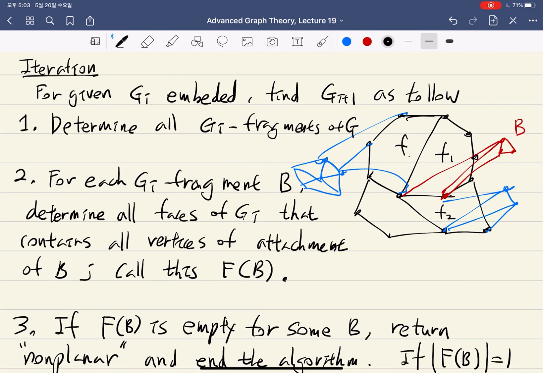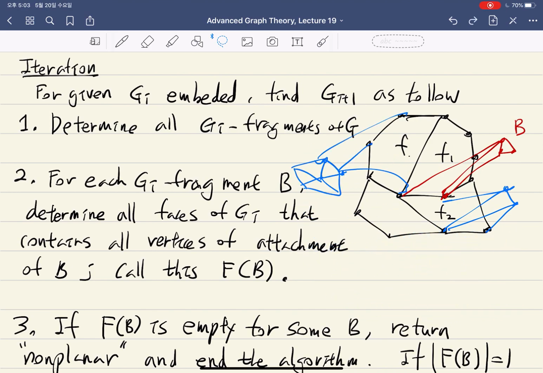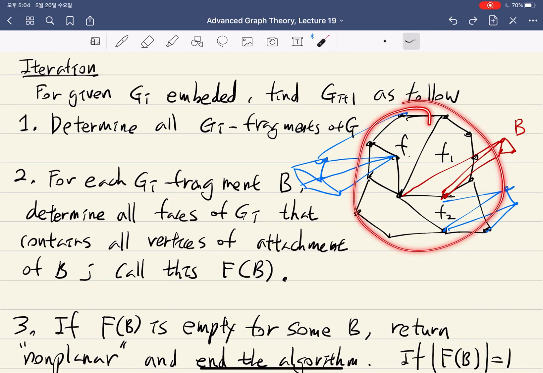Meaning that in here we have this, and we choose, say, one path, this arbitrary path, and embed that. Then this is gone now, and this becomes this. Now this new black part is Gi plus 1.